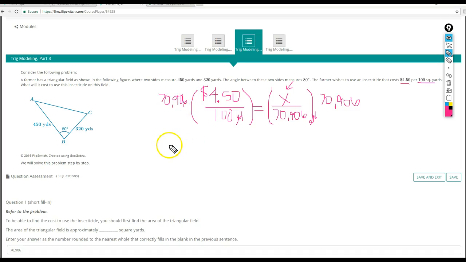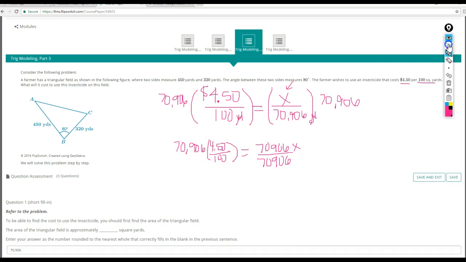So then we're going to have 70,906 times 4.5 divided by 100 is equal to x divided by 70,906 times 70,906.